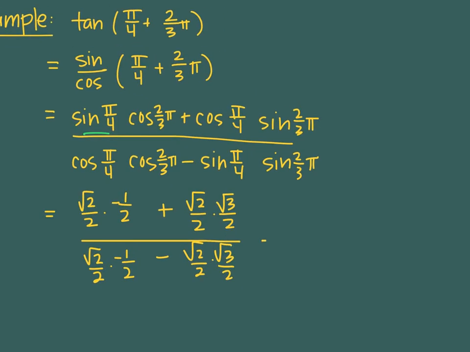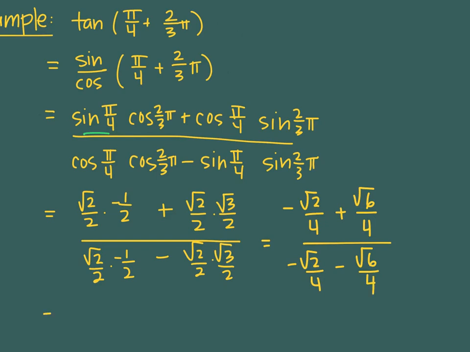So when we clean this up, we're going to have negative square root 2 over 4 plus square root 6 over 4, and negative square root 2 over 4 minus square root 6 over 4. So there are common denominators all over the place, and the common denominators will reduce because you have a common denominator on the top and on the bottom.